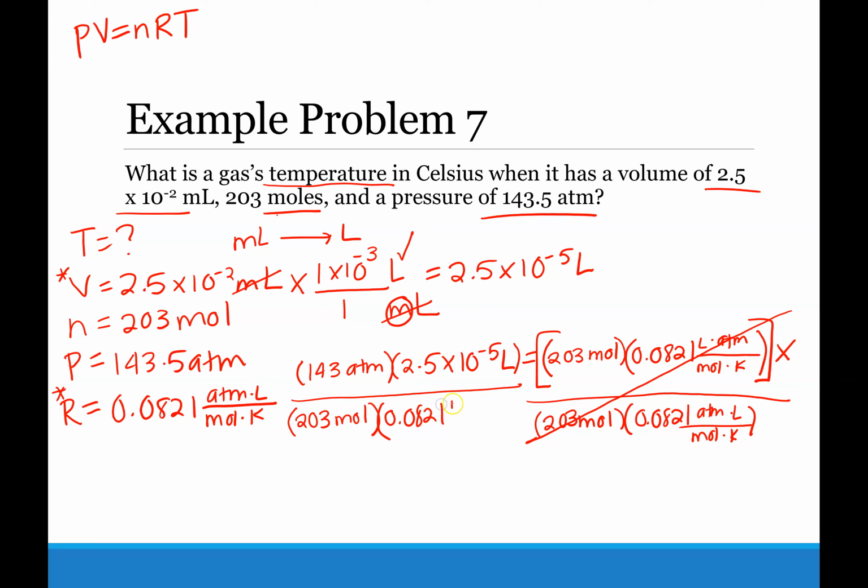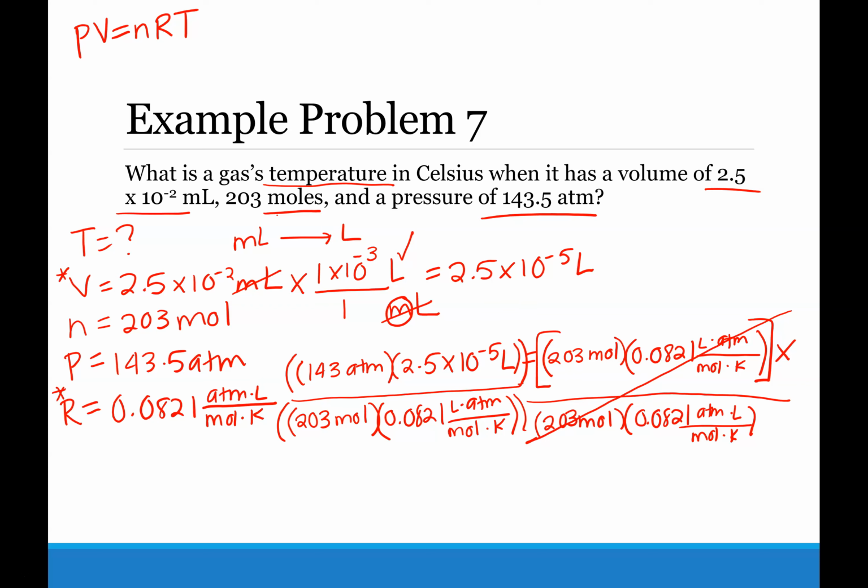You're more than welcome to put this all in your calculator at one time, but I'm going to do it in 2 separate steps. If you decide to do it all at once, make sure that you do double parentheses here and here. Do your division sign and then double parentheses here and here to make sure that you're separating that numerator from the denominator in that calculator.